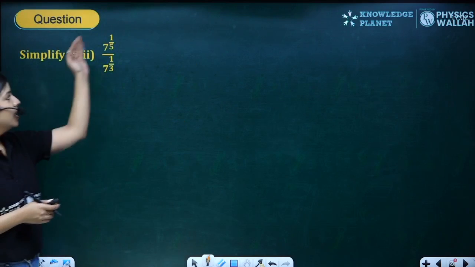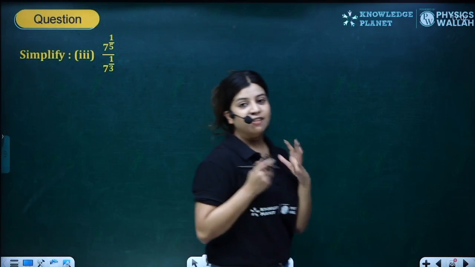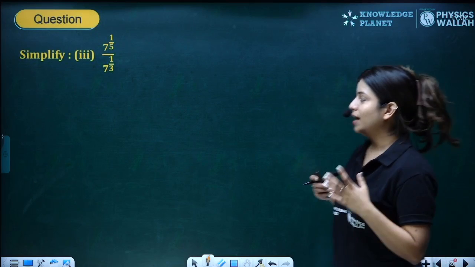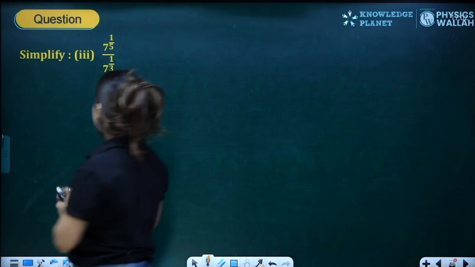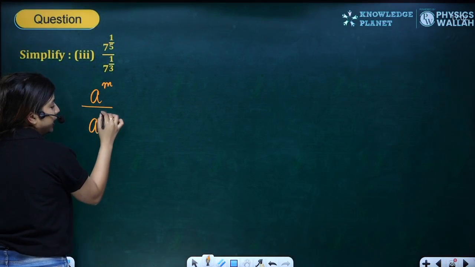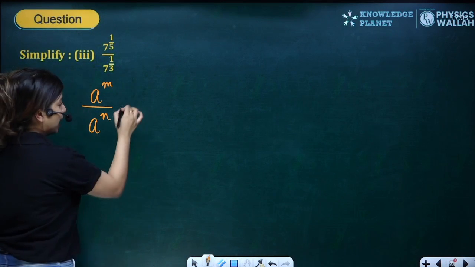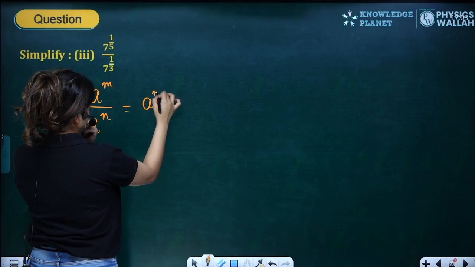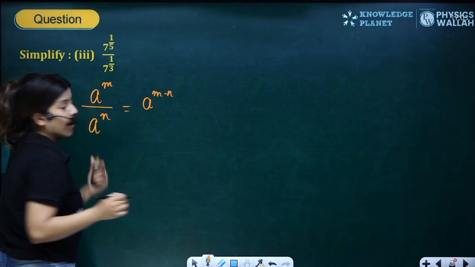Next we have is 7 to the power 1 by 5 divided by 7 to the power 1 by 3. Now this is of the form a to the power m upon a to the power n, students, and this was equal to a to the power m minus n.